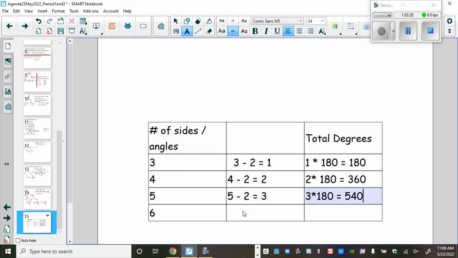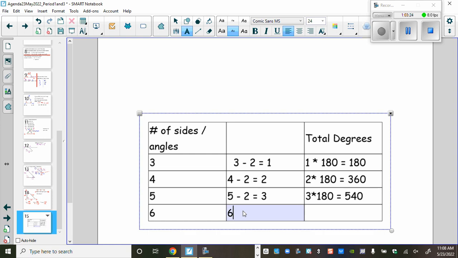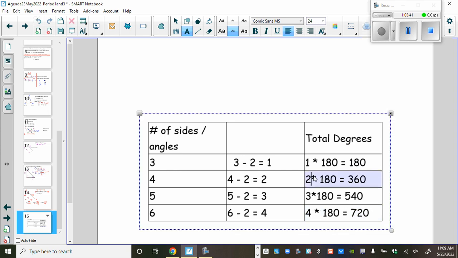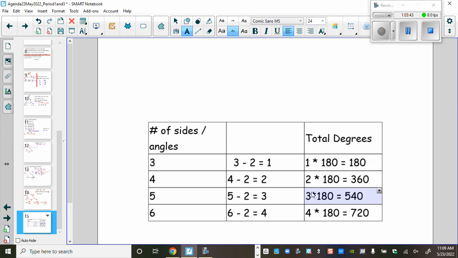And then so on. 6 minus 2 is 4. And then 4 times 180, 720. So these are, again, you're going to see these rules, one way, shape, or form, on your final.